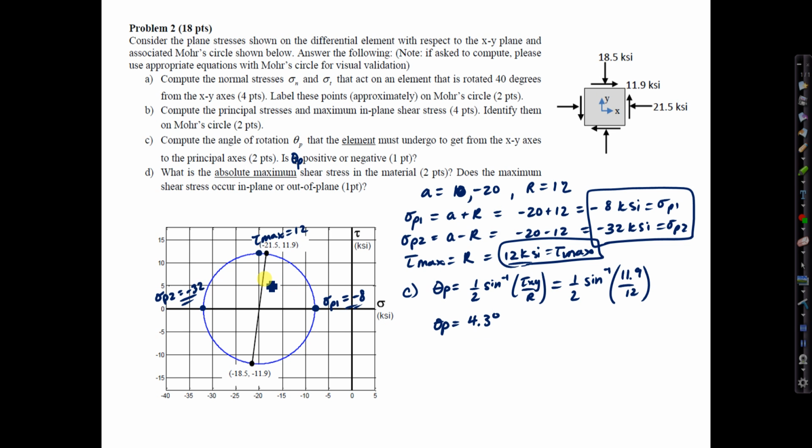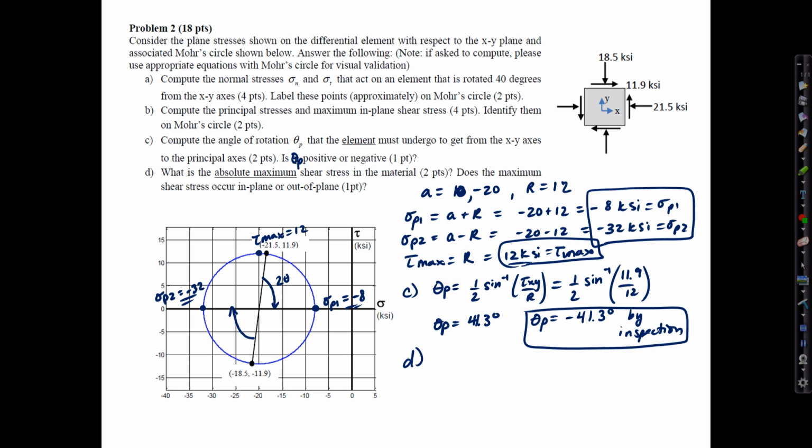To figure out the sign, I'm going to go from this stage down to the closest direction to the principal axis. That's 2 theta. I believe that's about 82 degrees, so I think I've done it correctly. And the rotation is in the clockwise direction, which is negative. So theta p equals negative 41.3 degrees, negative by inspection.